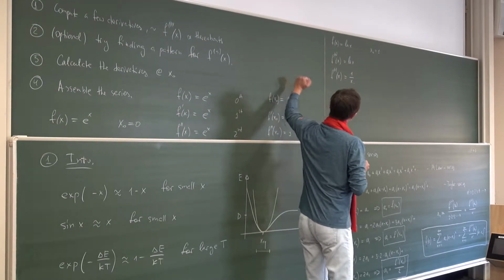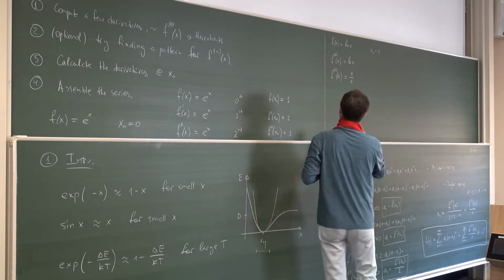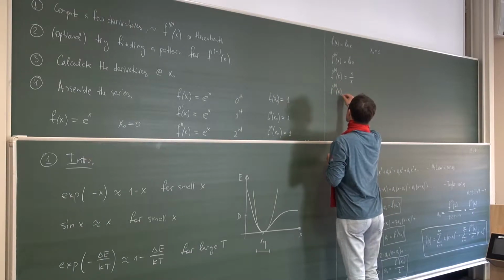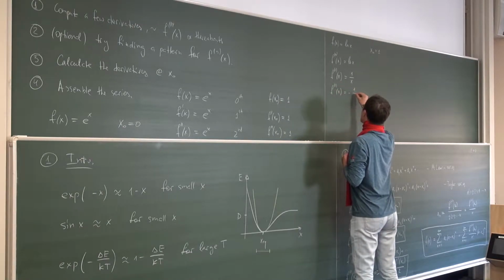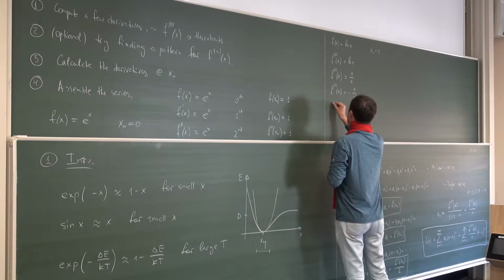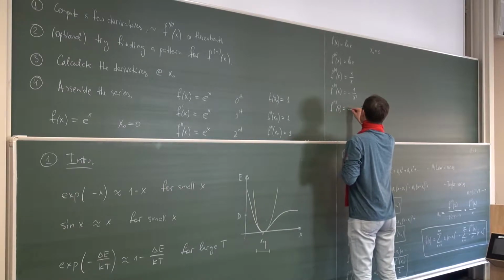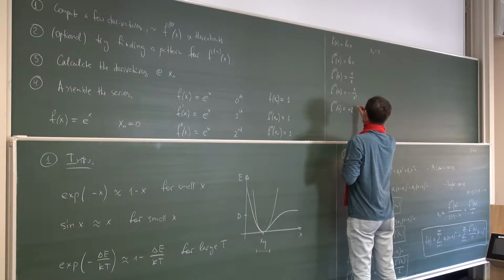The second derivative is minus 1 over x squared. Third derivative is plus 2 times 1 over x cubed.